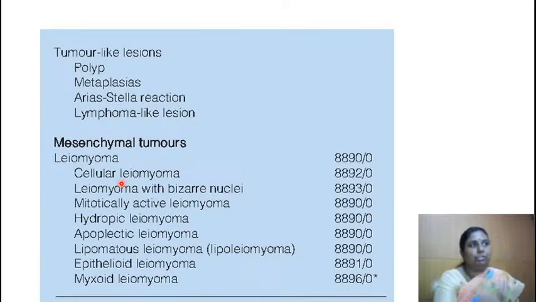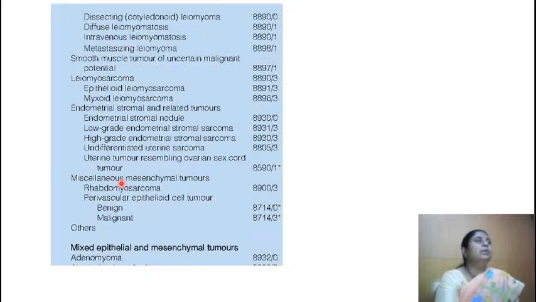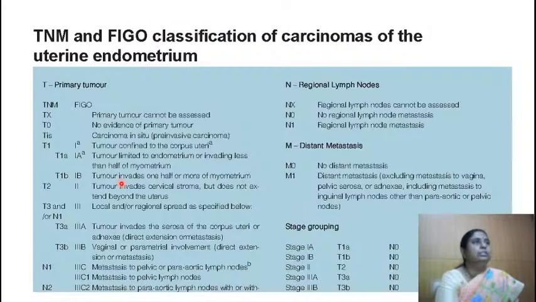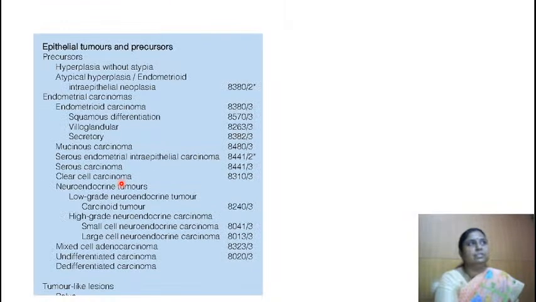If you look at the WHO classification, we have numerous histological types of endometrial carcinoma, and the most common of it is the endometrioid carcinoma. Almost 80 to 90% of them are endometrioid carcinomas, and 10% of them are non-endometrioid carcinomas. We do have mesenchymal tumors and all the other tumors. That is the WHO list. Okay, so did you understand what I am trying to tell you?